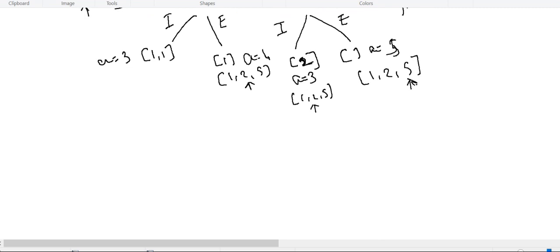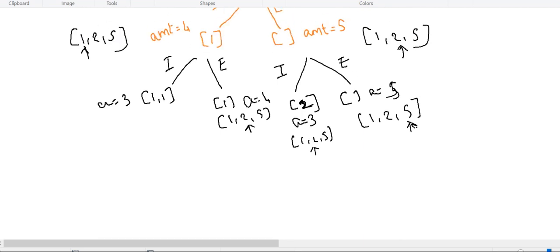So now here my pointer was pointing to 1 for this one. Again the same thing, include and exclude. When I include, my pointer is pointing to 1, I'm going to include 1. So now I have 1, 1 and 1, and my amount is 2.